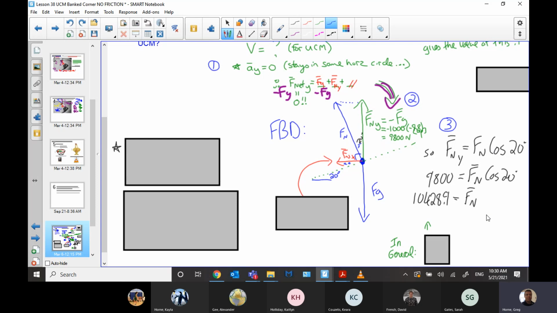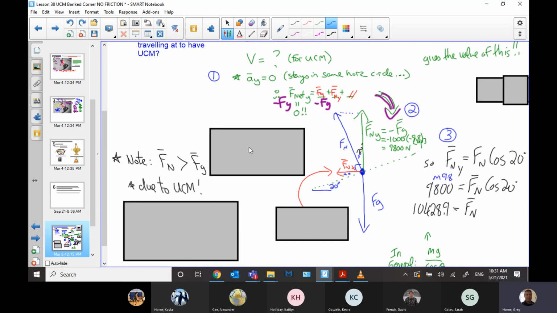So we're getting an actual normal force rather than a normal force in terms of the mass, so it feels easier, more understandable. In general, this would have been m times 9.8, because the m was 1000. So in general, that would just be mg over cos theta. And that's okay. That would still represent the same thing.